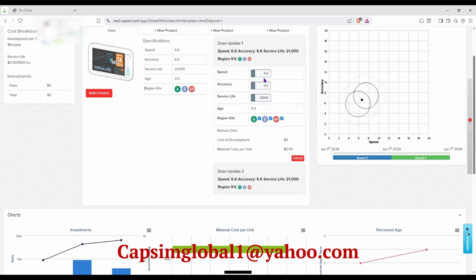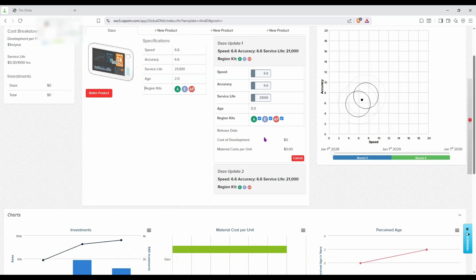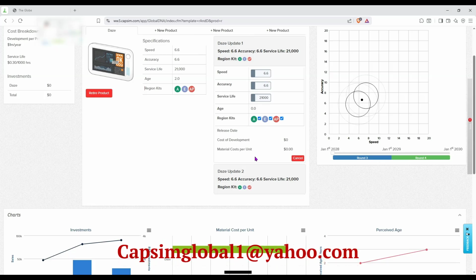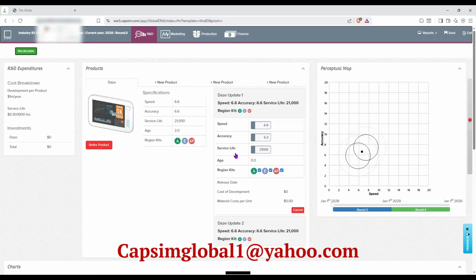So when we update the speed and accuracy, I feel like we need to update it to maybe 6.9, and this one we give it 6.3, and then we can recalculate so that we can see the revision date again.